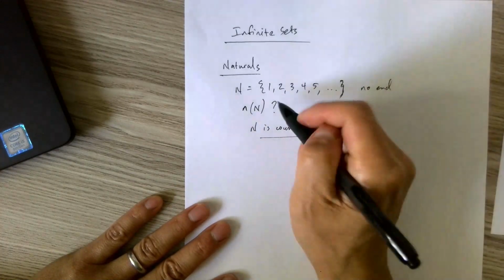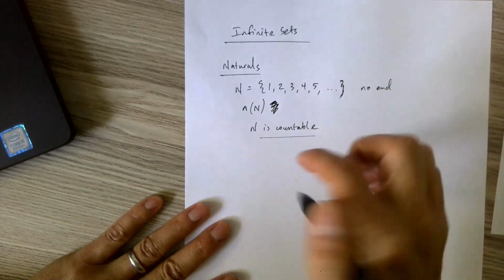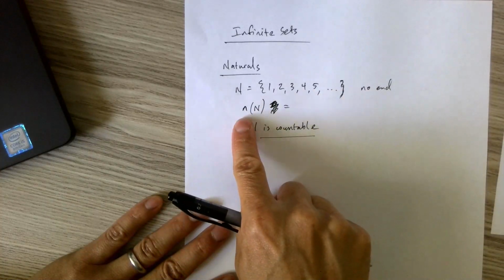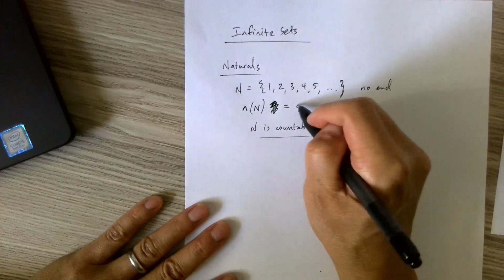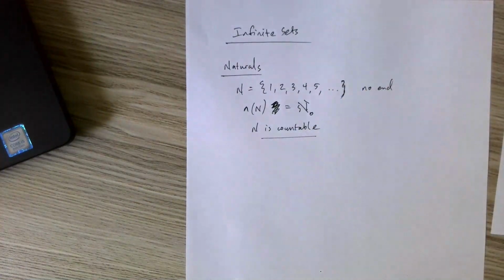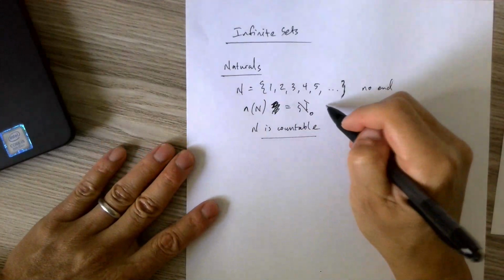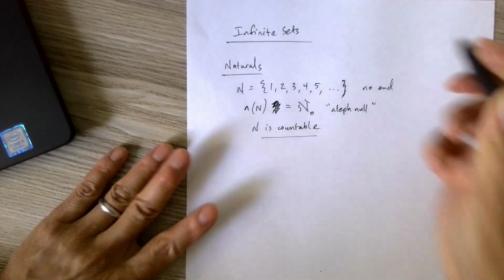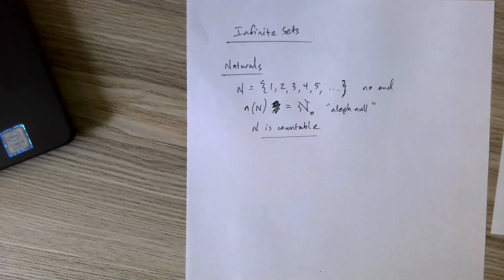So I'm going to take off the question mark, and I'm going to state that the cardinality of N is this weird-looking symbol. This symbol is called Aleph null, and it stands for the cardinality of the natural numbers.